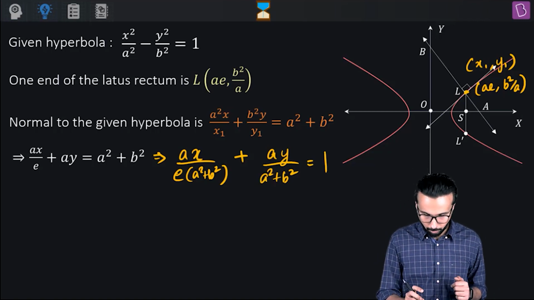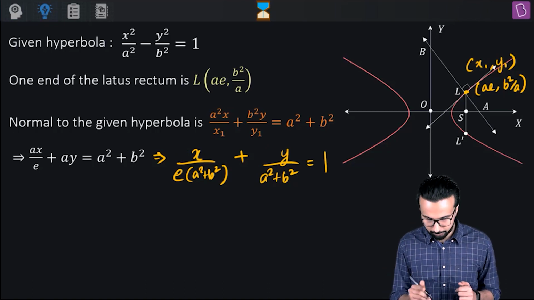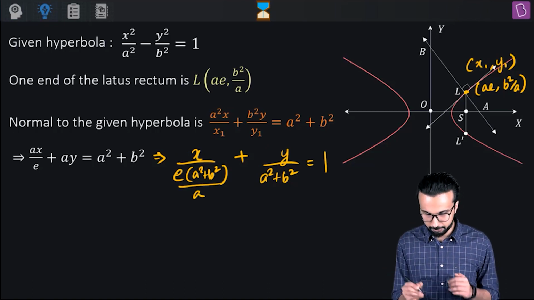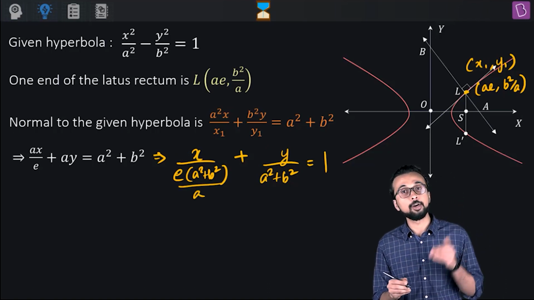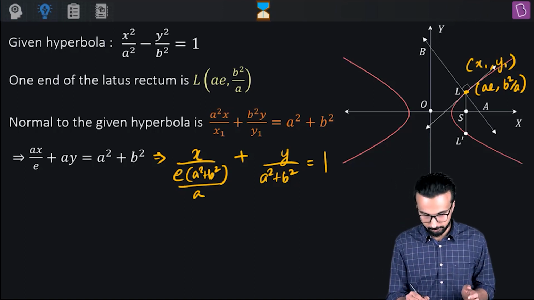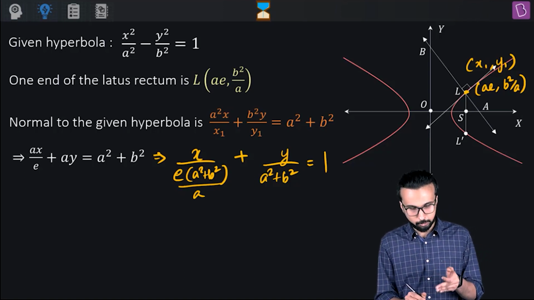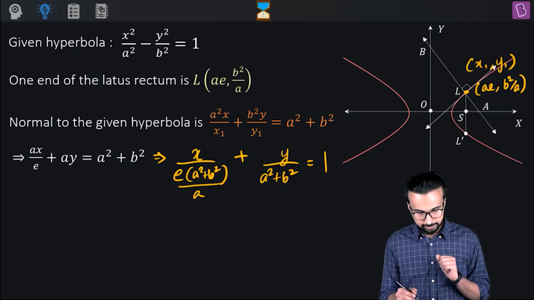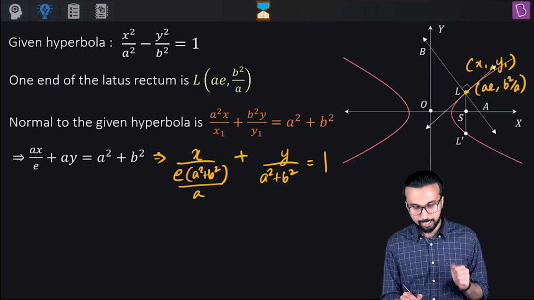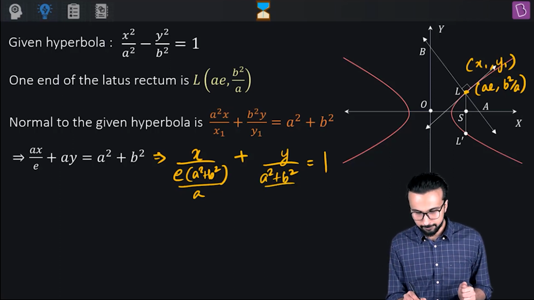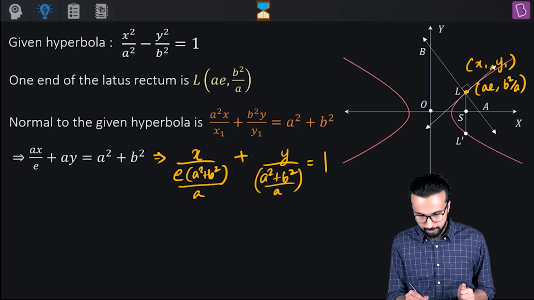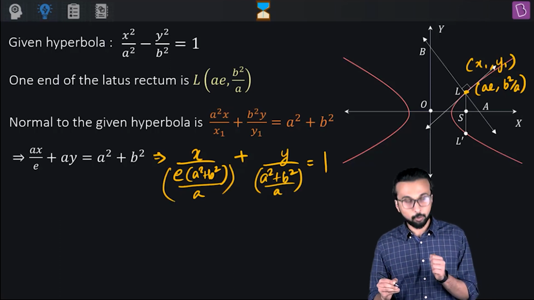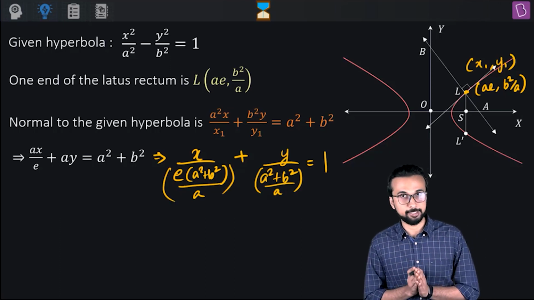Now, I'll remove the constants from the numerator and bump them down to the denominator. So ax by e into a square plus b square becomes x by e into a square plus b square divided by a. Similarly, ay by a square plus b square becomes y by a square plus b square by a. So we have our intercepts here.